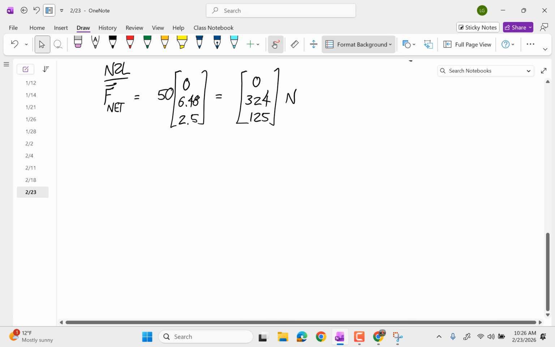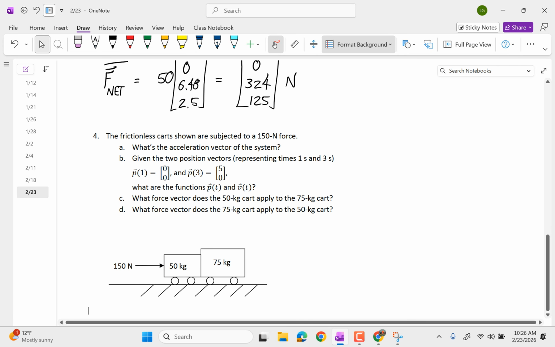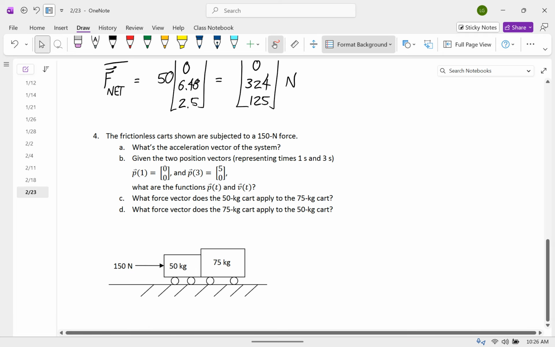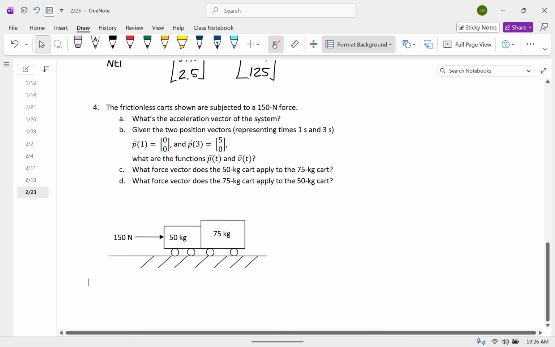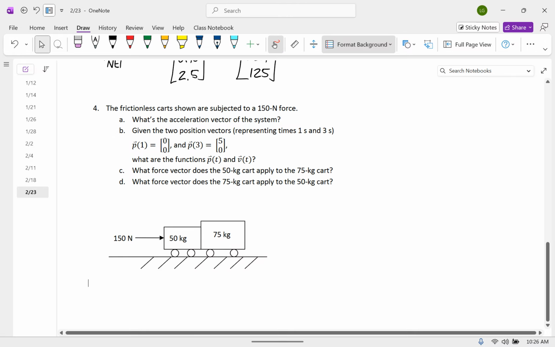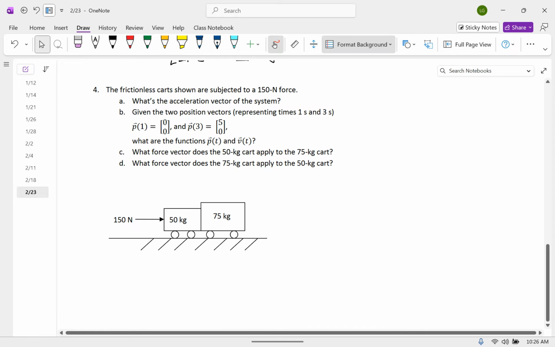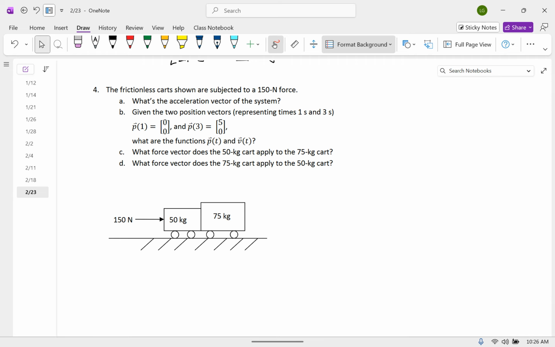So now number 4. So you have these two carts. There's the 100 Newton force applied to the left.